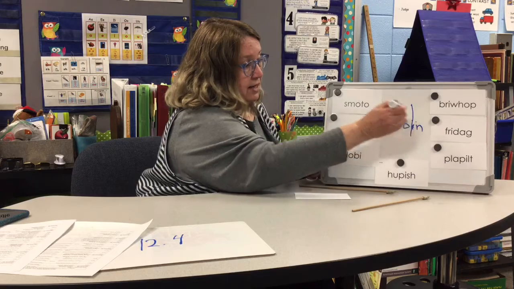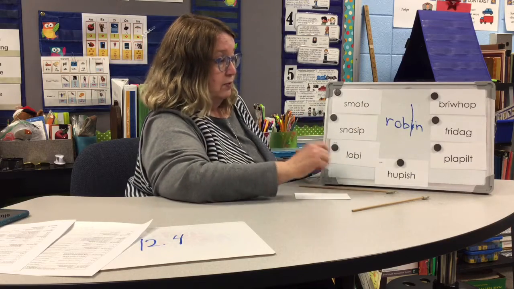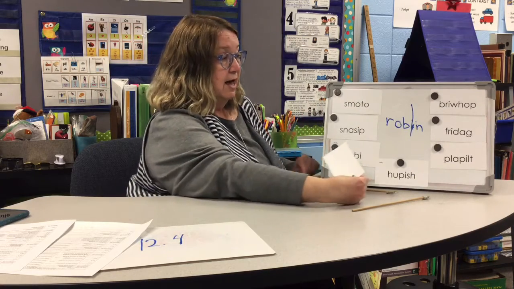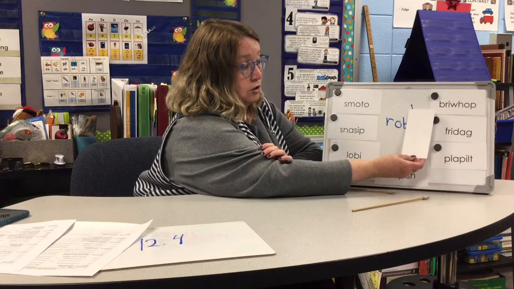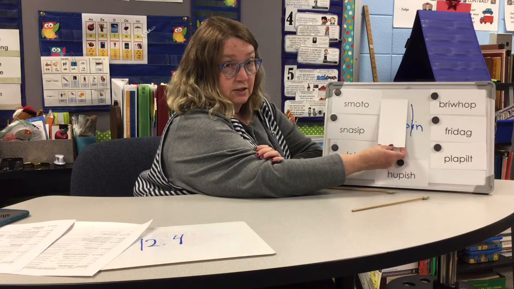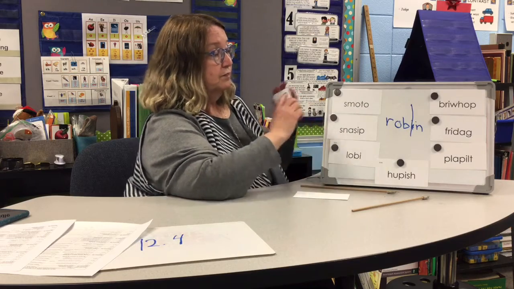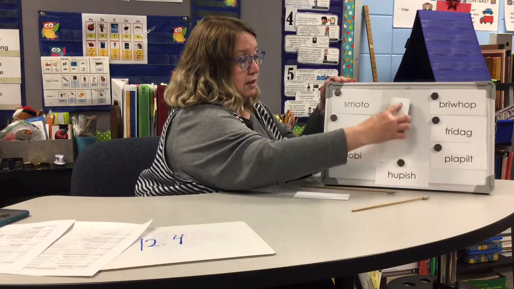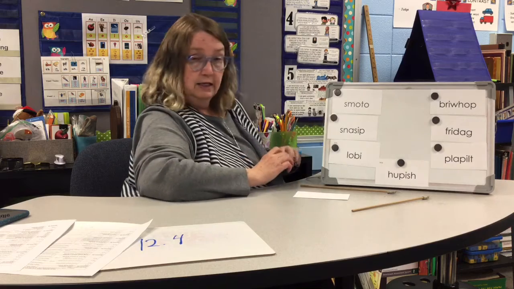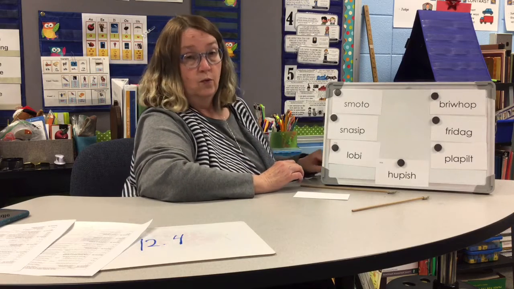You see how that changes how we would pronounce it, because then it becomes a closed syllable and a closed syllable. So when you're dealing with open syllable words, you might have to try reading the word both ways.